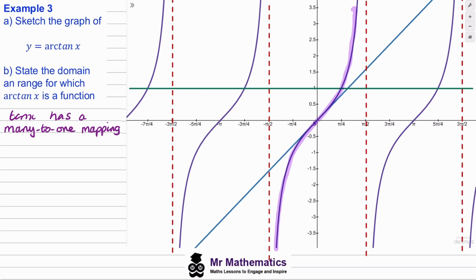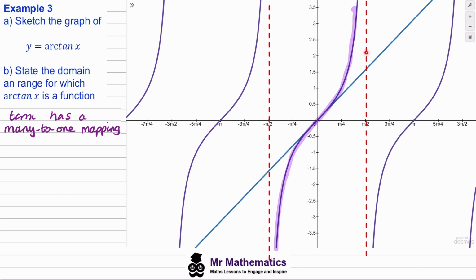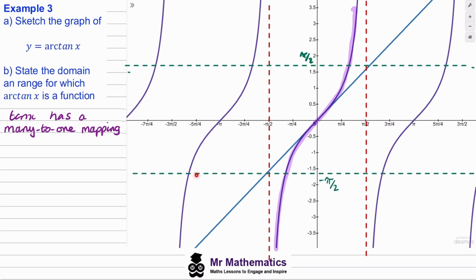So to sketch the graph of arctan of x within this domain, we reflect this restricted portion of tan of x over the line y equals x. And the easiest way to do this is to reflect the two asymptotes. So we'll reflect x equals π/2 to y equals π/2, and we'll reflect this one to y equals negative π/2.